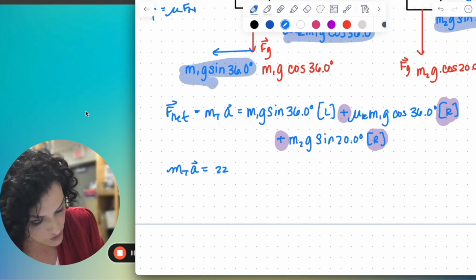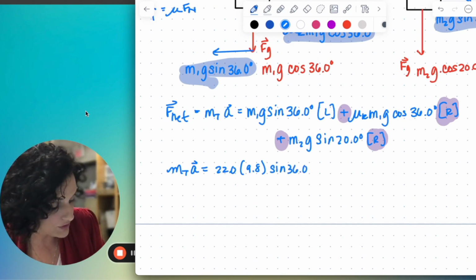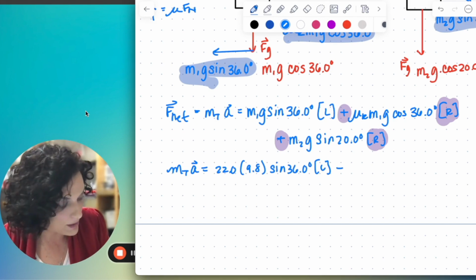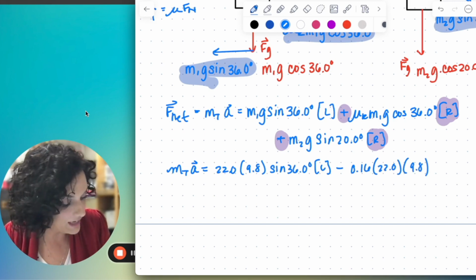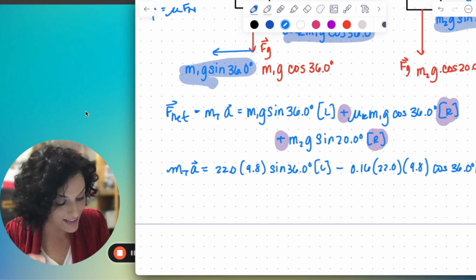So we've got 22 kilos, 9.8 sine 36.0 degrees. That's to the left. So now we're subtracting my mu value, 0.16 times mass number 1, that's 22.0, times my 9.8 cosine 36 degrees. That's also moving now towards the left.